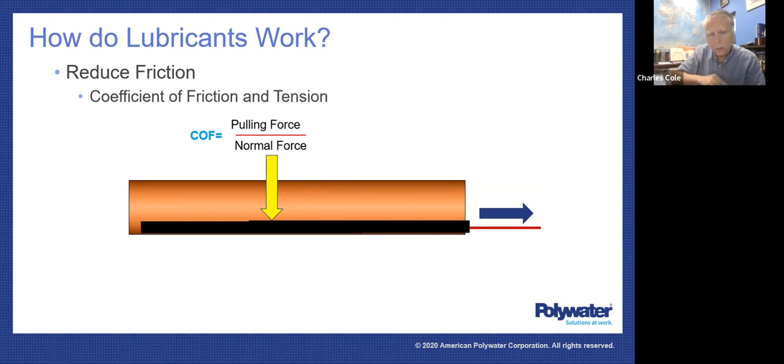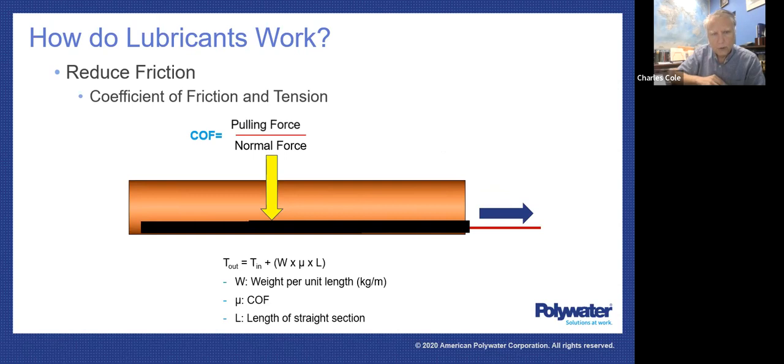So what value does knowing the coefficient of friction have? If you do another click, we'll show you that the tension that's created uses the coefficient of friction, as you see there, the middle variable in the equation within the parentheses.